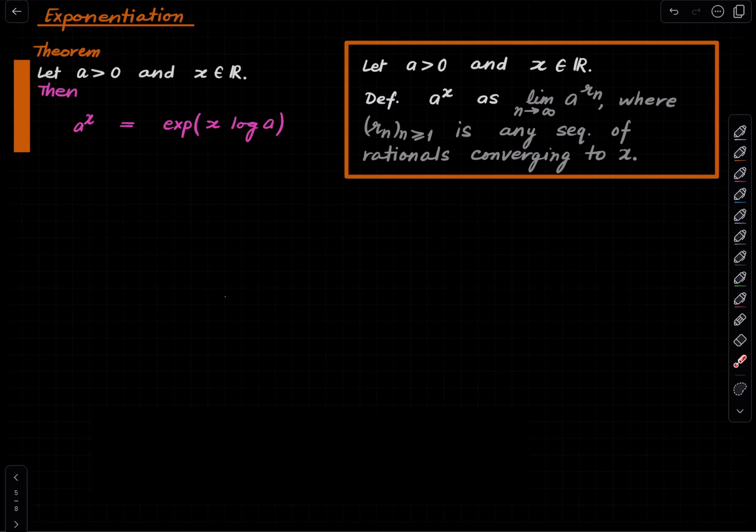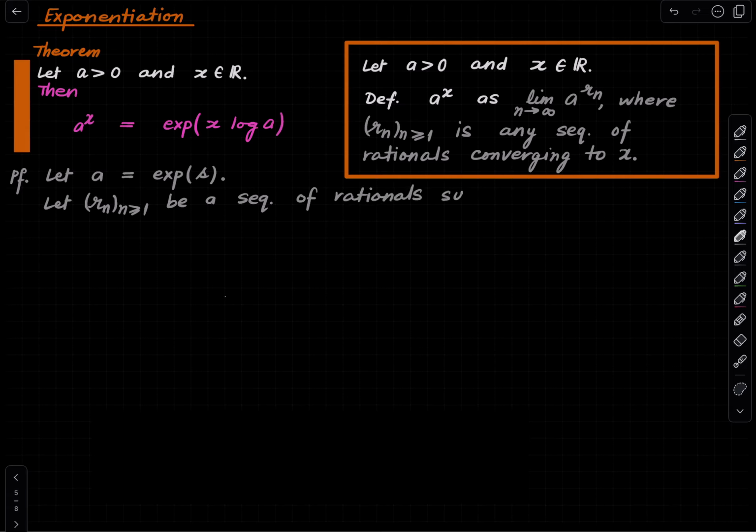All right, so why is this true? Proof is as follows. Again, let a be exp of s for some real number s, and let Rn be a sequence of rationals which converge to x.